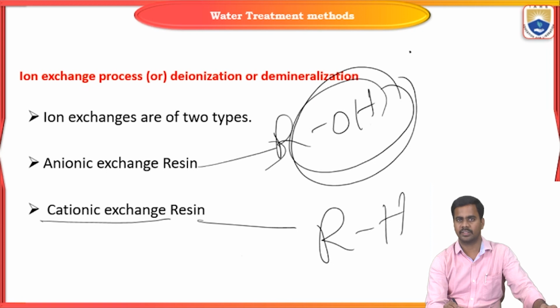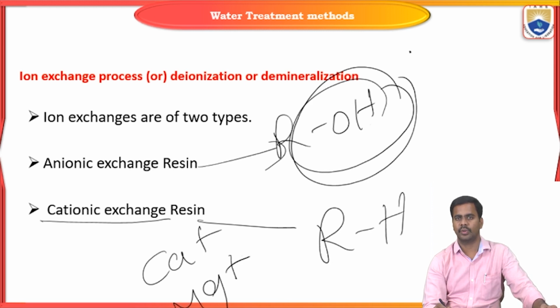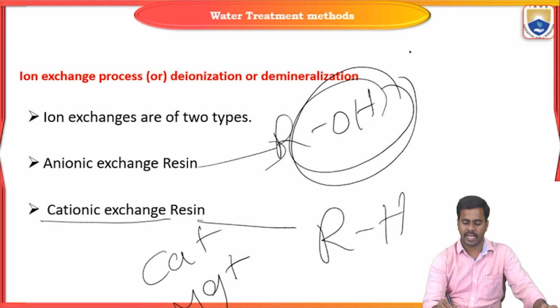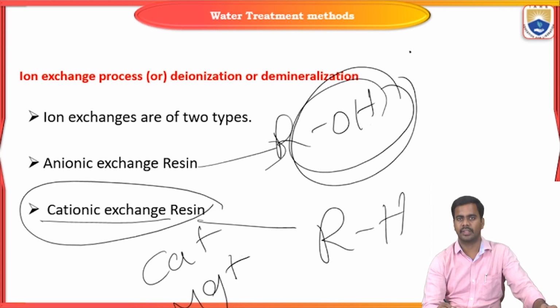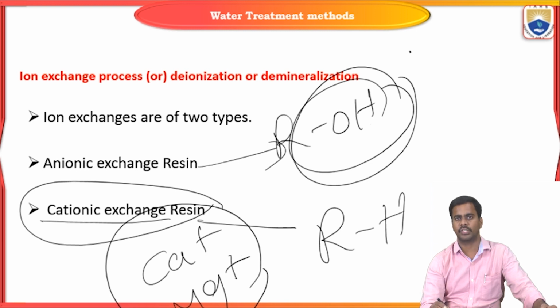What are the cations present in hard water? That is Ca2+ and Mg2+. By using cationic exchange resins in the ion exchange method, we can exchange these cations, calcium and magnesium, which cause hardness to the water.